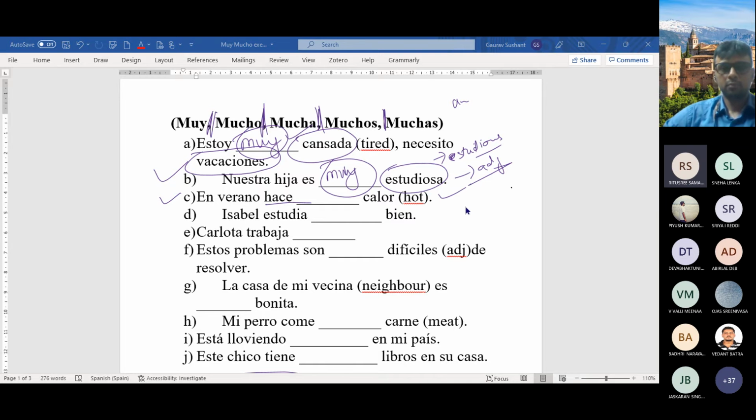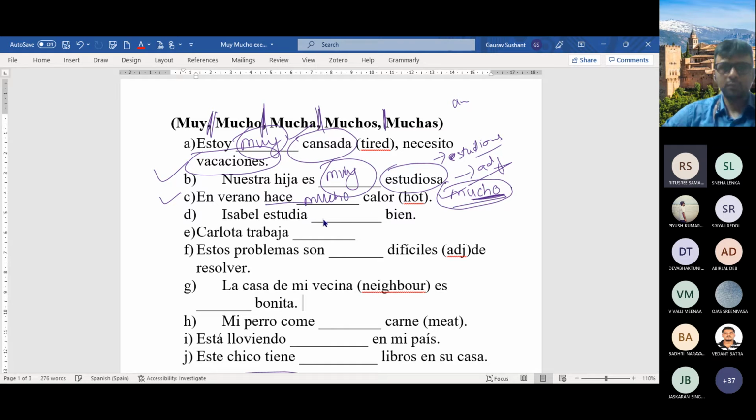Sir, can it be mucho? Because it's countable, right? Yes, hotness can be countable. Okay, so it will be mucho.